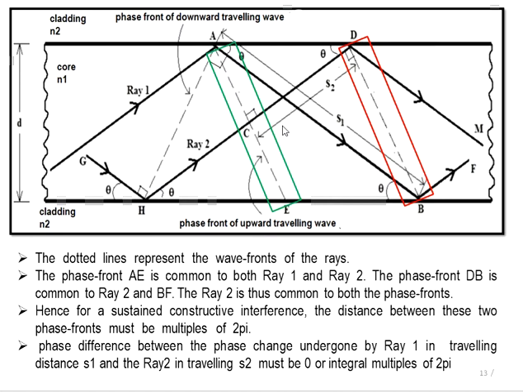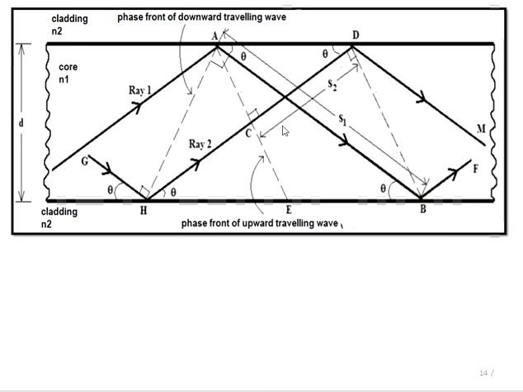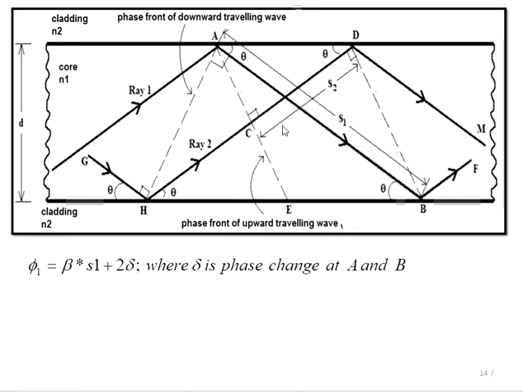So now let's do some mathematics to find the condition for this phase change. When the ray is reflected at point A, there will be one phase change, and again when it is reflected at point B, there will be another phase change. So considering this geometry, let's write the equation for phi 1. Let phi 1 be the phase change occurring while traveling the distance s1.